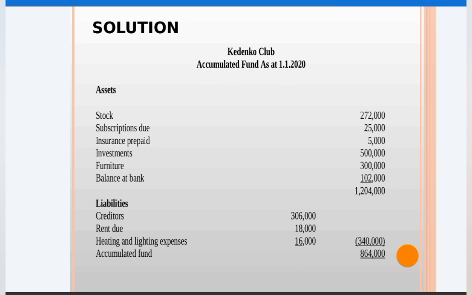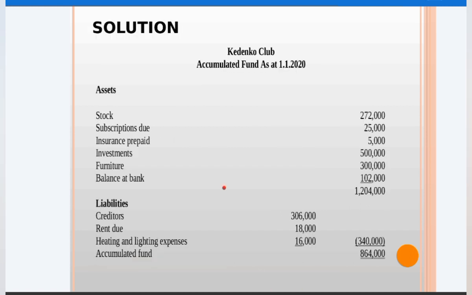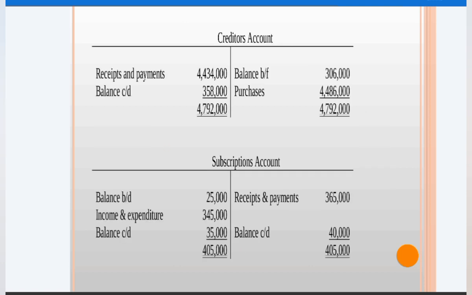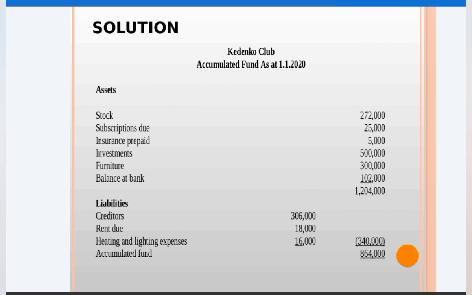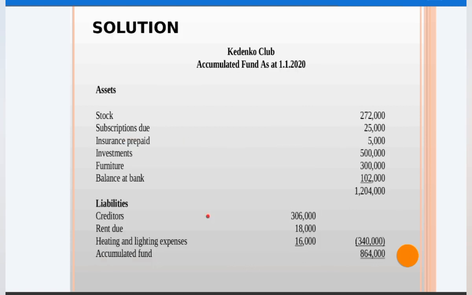And then we have the debtors for subscriptions due here, 25,000. We also have insurance that is prepaid, paid in advance, 5,000.